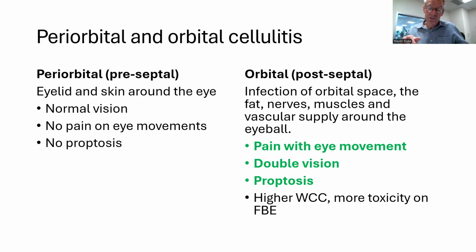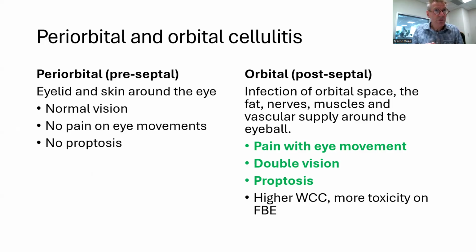And the way to see that is to look down on the child from above, and you can see whether their eyes are more protruding on the affected side than on the other. So those three things: normal vision, no pain on eye movements, and no proptosis.